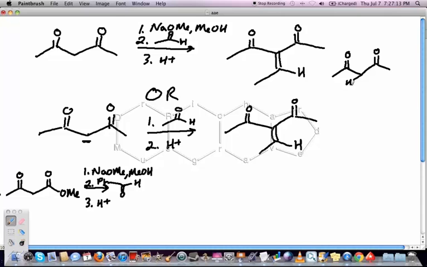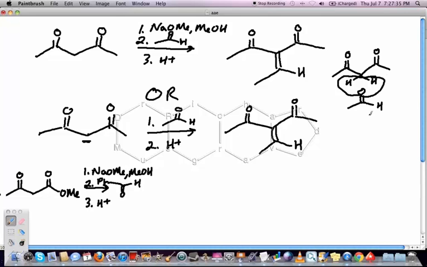What happens is we always choose the beta dicarbonyl compound to be the source of the alpha hydrogens, because that's where the hydrogens are going to be removed from. This is true even if the aldehyde or ketone we're adding to it does have alpha hydrogens. It'll always come from here.